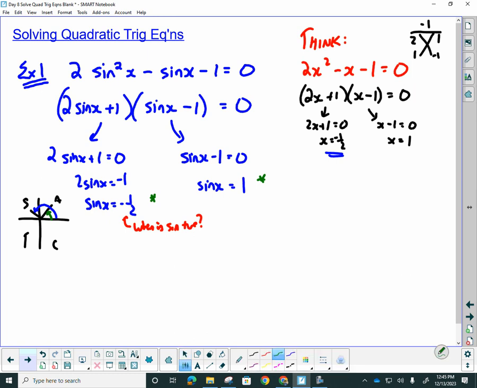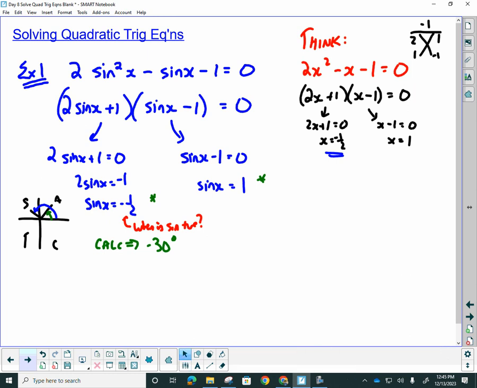I go to my calculator for advice. I type in negative 0.5, second function sine. Calculator tells me negative 30 degrees. Again, I have to interpret what the calculator is trying to tell me. Oh, wait, I'm sorry.